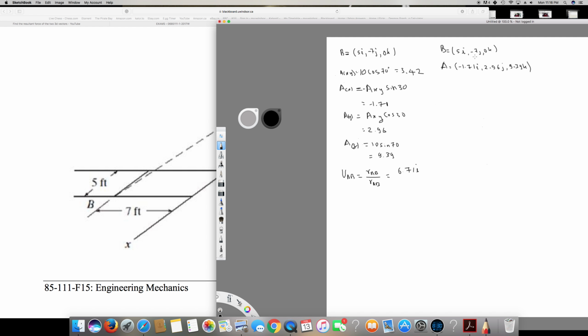For j, minus 7 minus 2.96 is going to be minus 9.96. And 0 minus 9.39 is going to be minus 9.39.